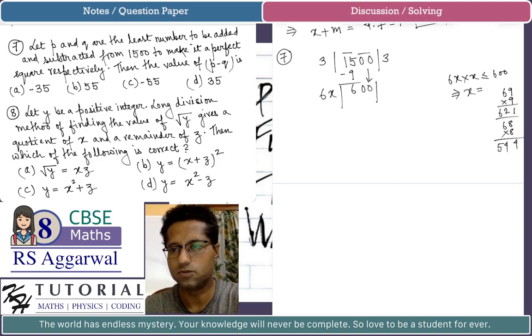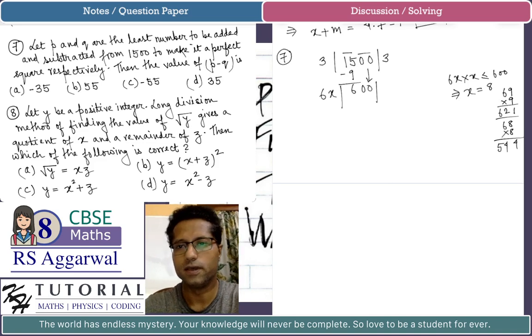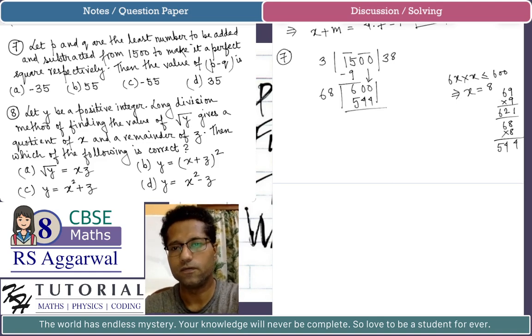Yes, this can be. So x is equal to 8. We write 8 over here, append 8 to the quotient, and 68 multiplied by 8 is 544. We are having a remainder of 56.